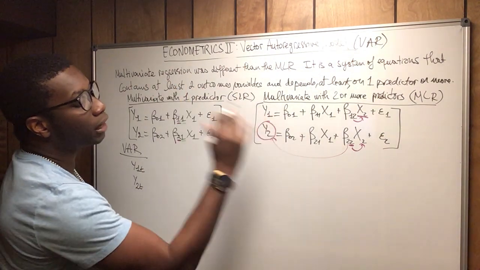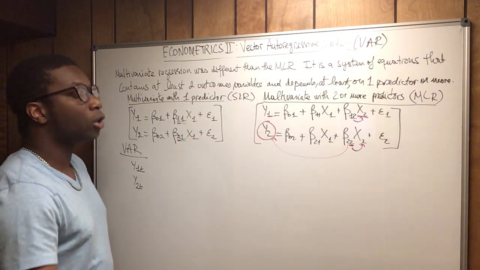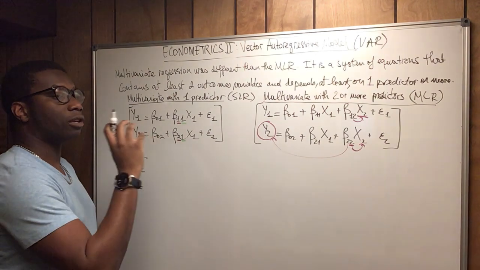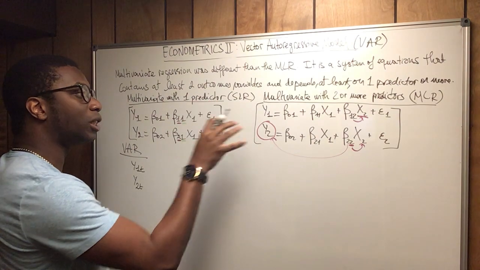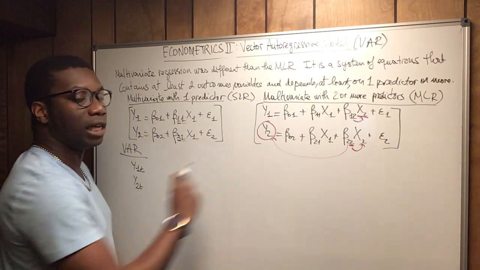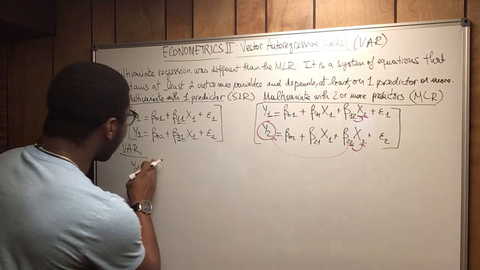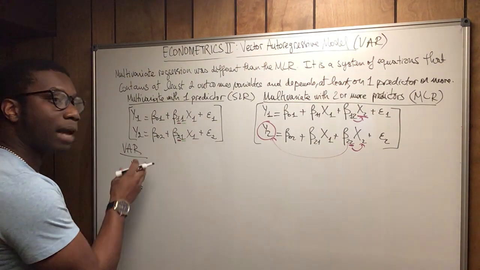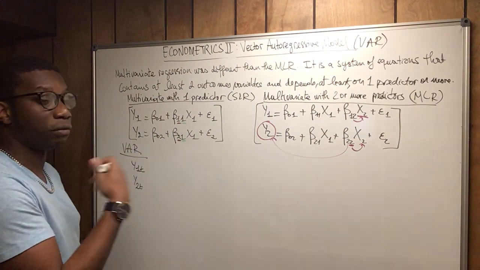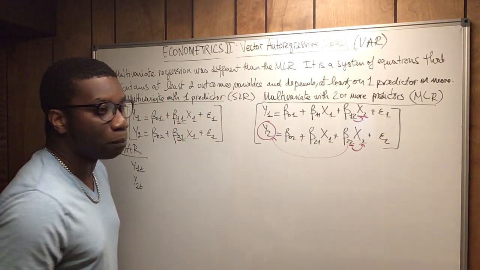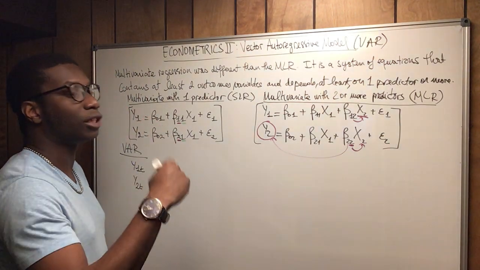The multivariate regression only deals with either cross-sectional data or panel data, and its specificity is that it has to be linear. Whereas when you deal with regression in time series data, for the autoregressive model or the VAR model, it has to be stationary.